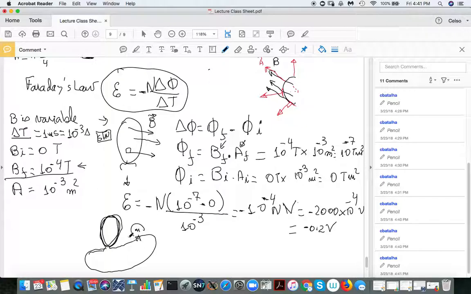What I'm trying to say is you end up having a circulating current through your circuit and eventually this light bulb lighting up, which is fantastic.